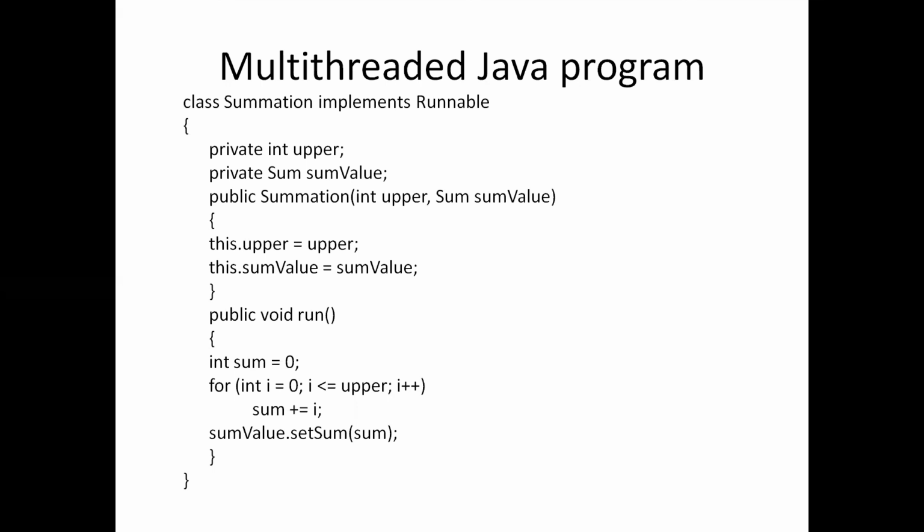This is a Summation constructor. Whenever the method name and class name are the same, it is a constructor. In Java, a constructor is a special method that is used to initialize objects.